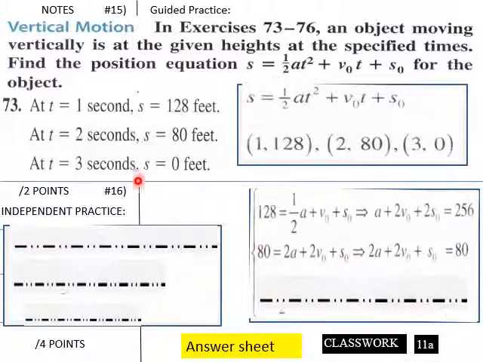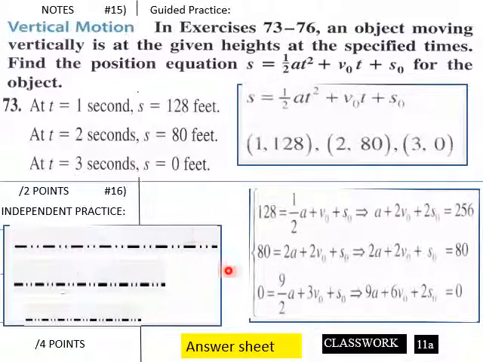And then for 80 here, when s equals 80, t equals 2. So again here, 2a plus 2v naught plus s naught will equal 80 in that situation there.